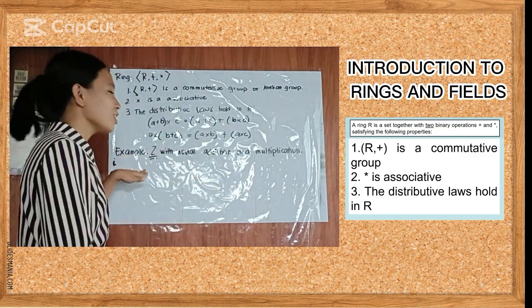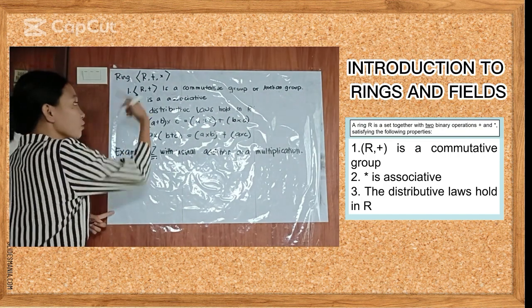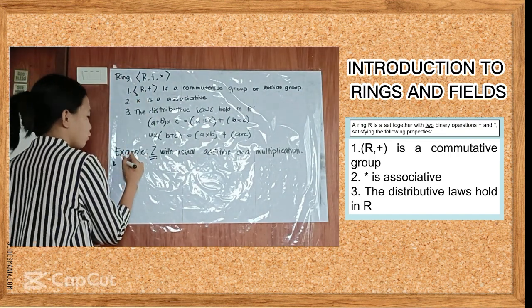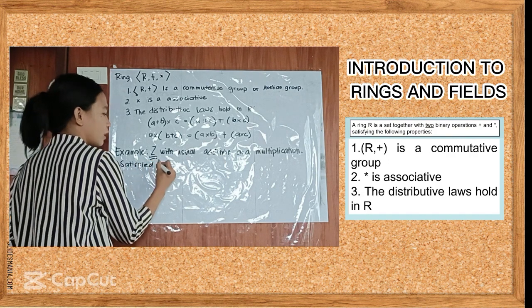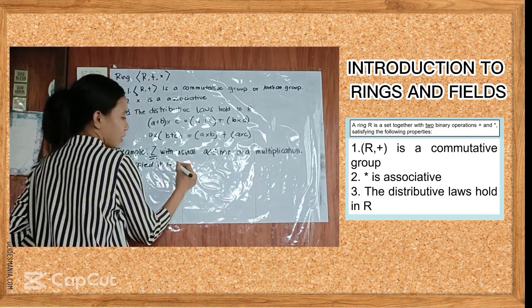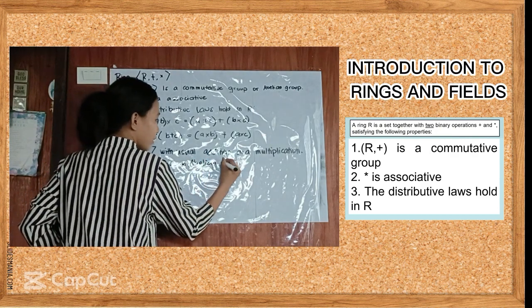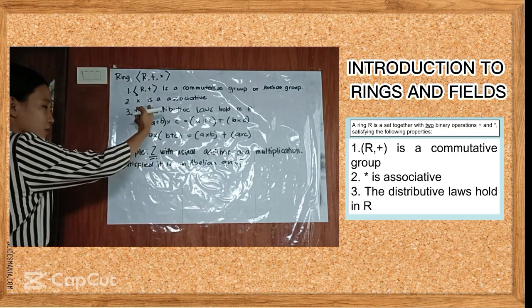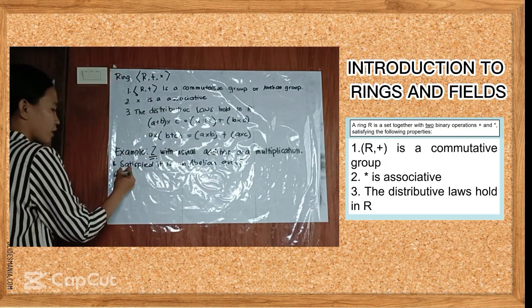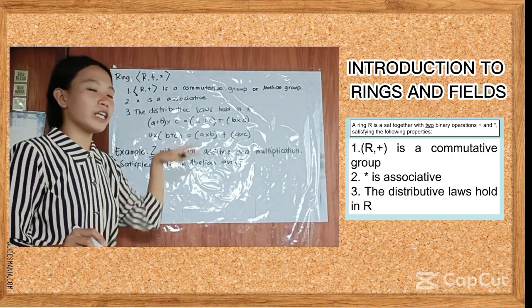Correct. Integer is an abelian group. So, our first property is satisfied. For our next property, under multiplication, it is associative.